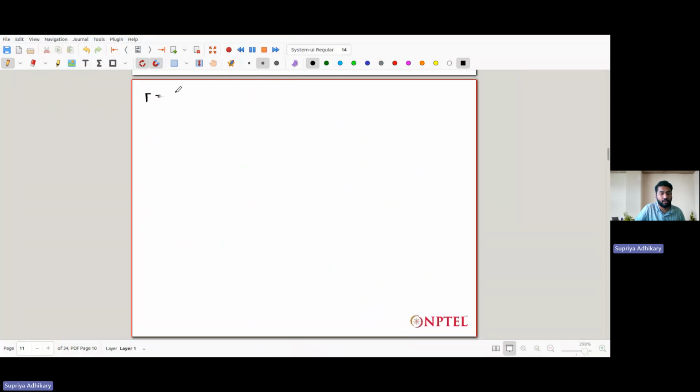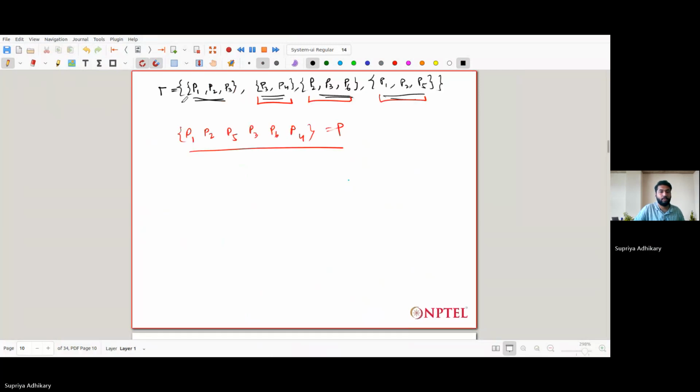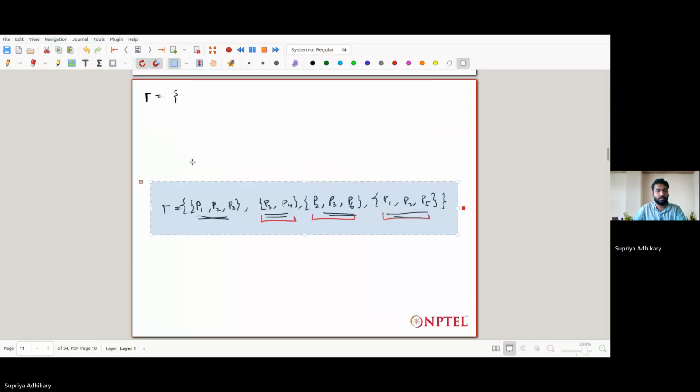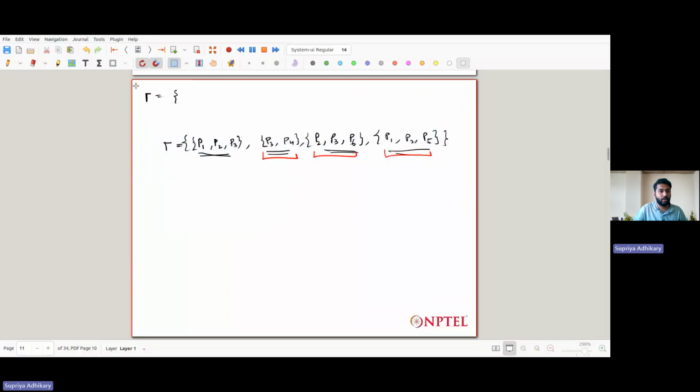So now our gamma is this. That is our gamma.